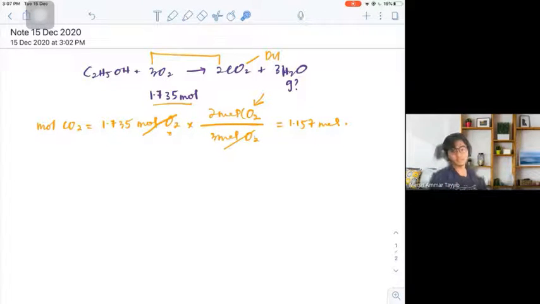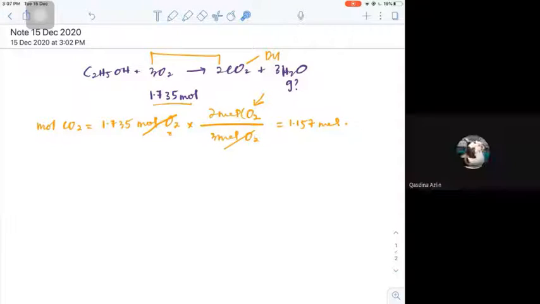Kasdina, yes, what is your desired unit? Mole H2O. Saya tak nak mole, saya nak mass.